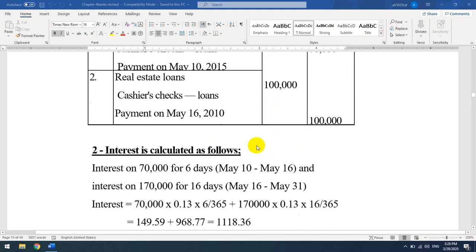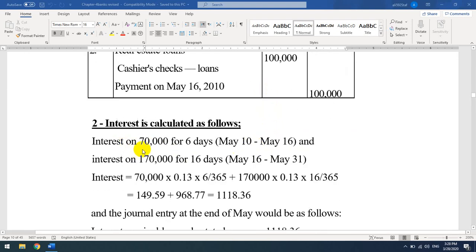So we will compute the interest of the real estate loan for 6 days for 70,000 Egyptian pound, and we will compute the interest on 170,000 Egyptian pound for 16 days, from May 16 to May 31st.